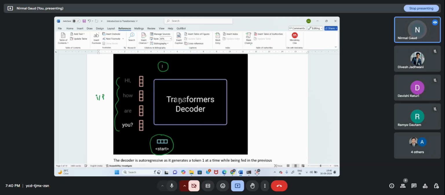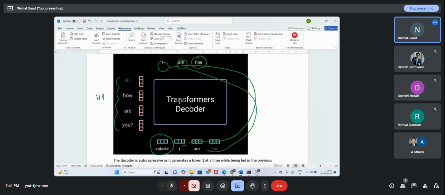Whatever output the decoder generates is given back as an input to the decoder to produce the next token. So I is again given as an input, and am is produced. Am is again given as an input, fine is produced.